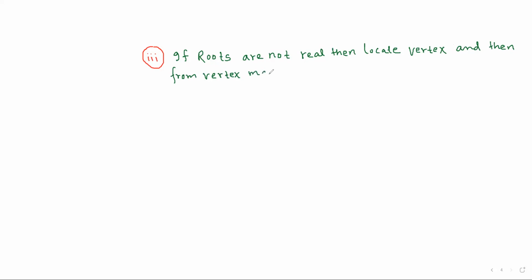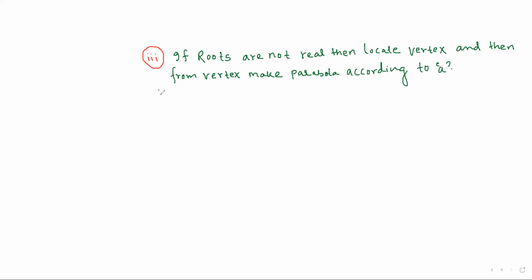If roots are not real, then locate the vertex, and then from the vertex make the parabola according to A.